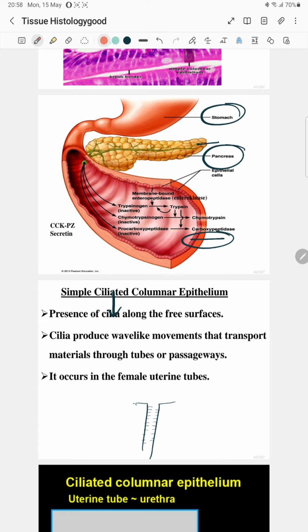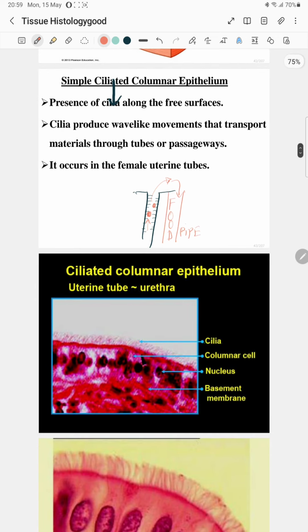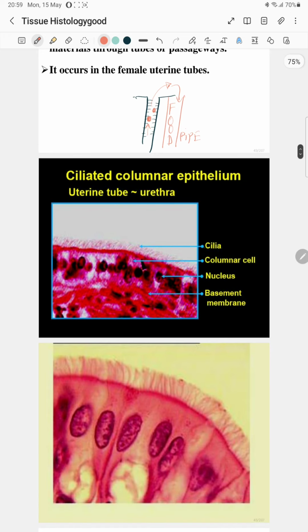Suppose some food, without going to our food pipe, has gone inside our windpipe. These cilia keep moving, and an upthrust is generated, which takes this food away and pushes it through the food pipe. All right, so this is the primary function of the ciliated epithelial cells. This uterine tube, which is found in the uterus of the female, has ciliated epithelium there also.